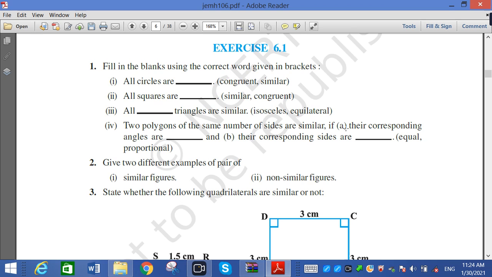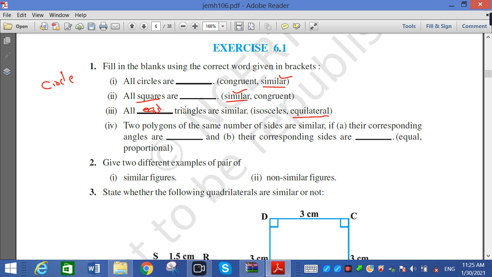All circles are similar. All squares are also similar. All equilateral triangles are similar. So circles are always similar, squares always similar, and equilateral triangles are also similar.